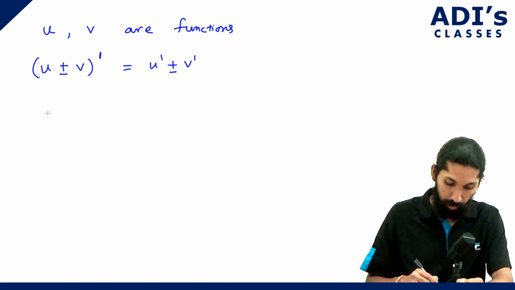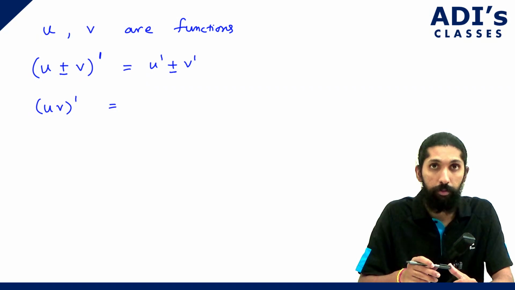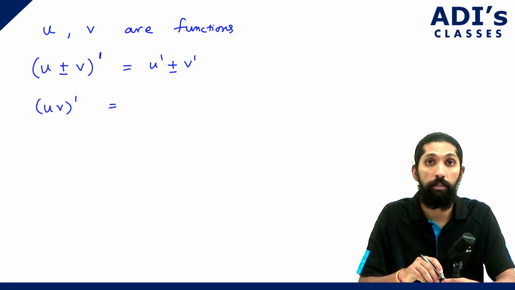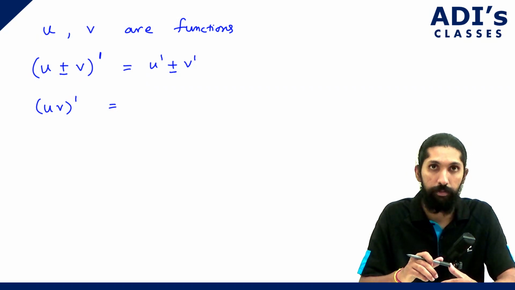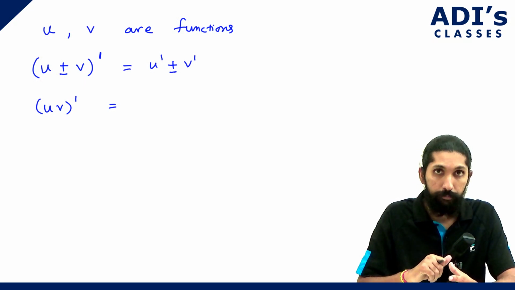The second is, suppose you have the derivative of u into v. Here we use the product rule, correct? Or we also call this the Leibniz rule. Leibniz is the one who did a lot of things in derivatives. So we call it the Leibniz rule or the product rule.